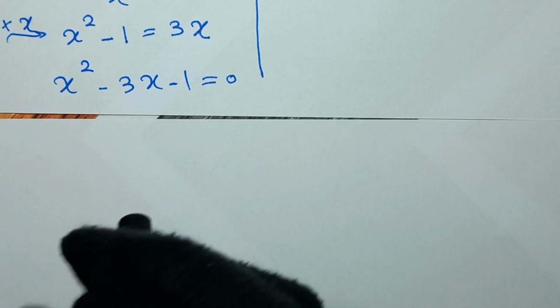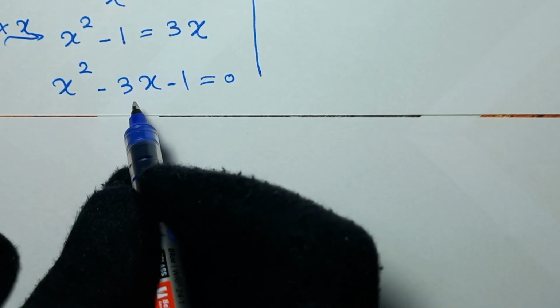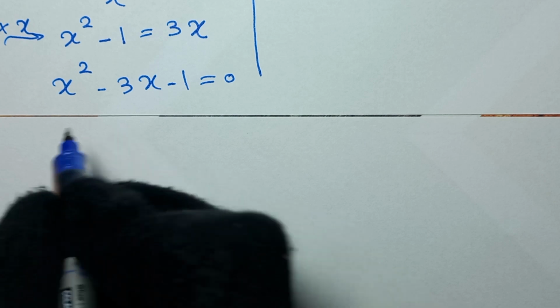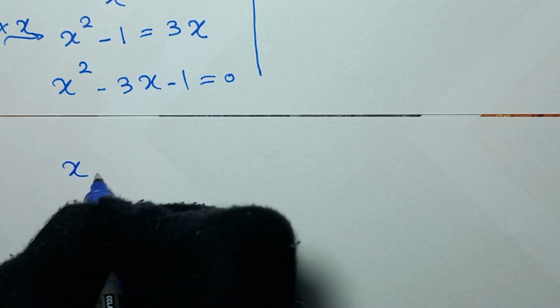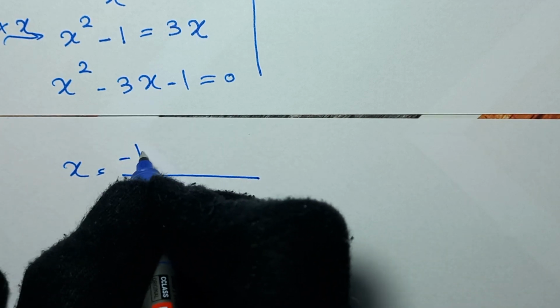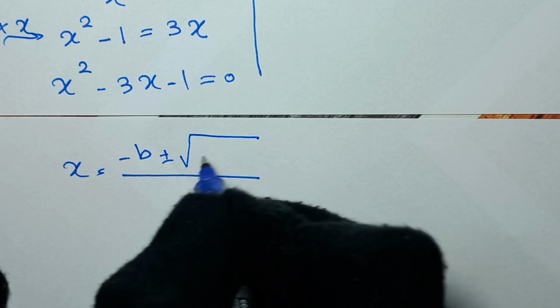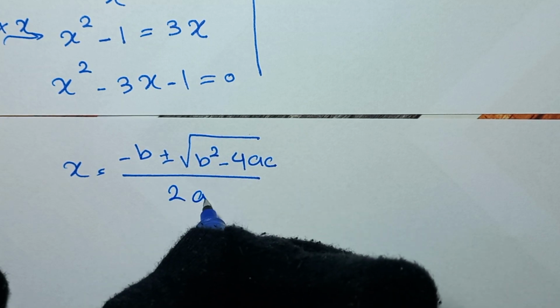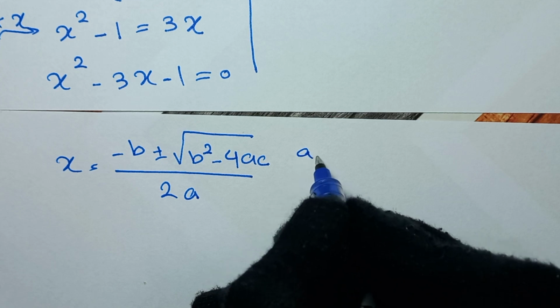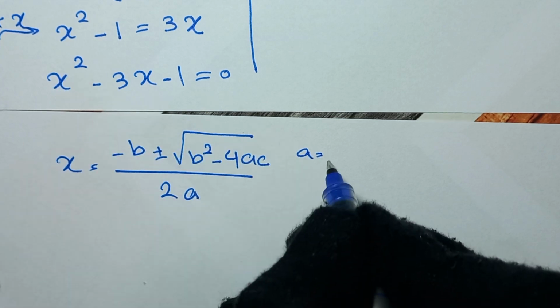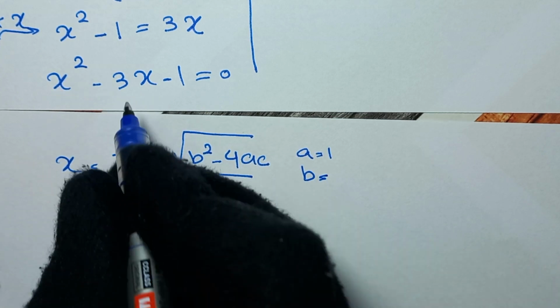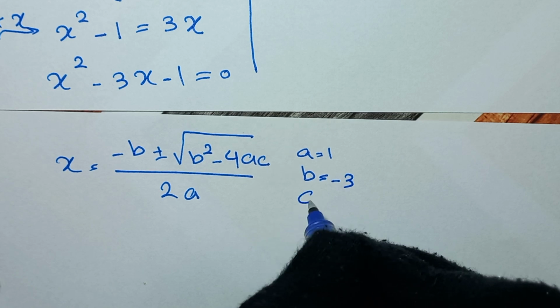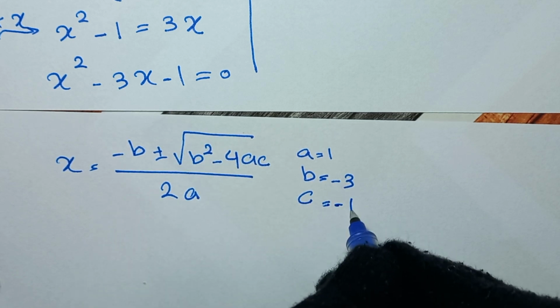And in here, we have a quadratic equation and we use the quadratic formula, which is x is equal to negative b plus or minus square root of b squared minus 4ac over 2a, where a is the coefficient of x squared is 1, and b is the coefficient of x is negative 3, and c is the constant is negative 1.